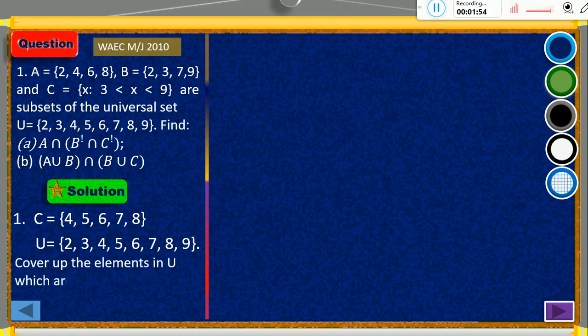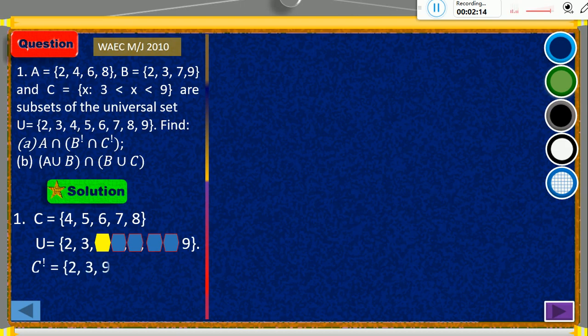Cover up the elements in U which are also in C. These elements are common to both C and U. The elements left after the covering up are R, 2, 3, and 9. So these are the complement of C.